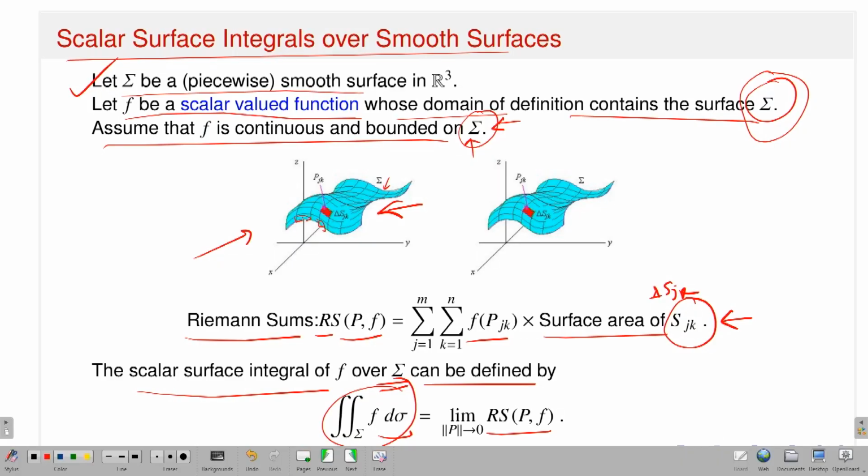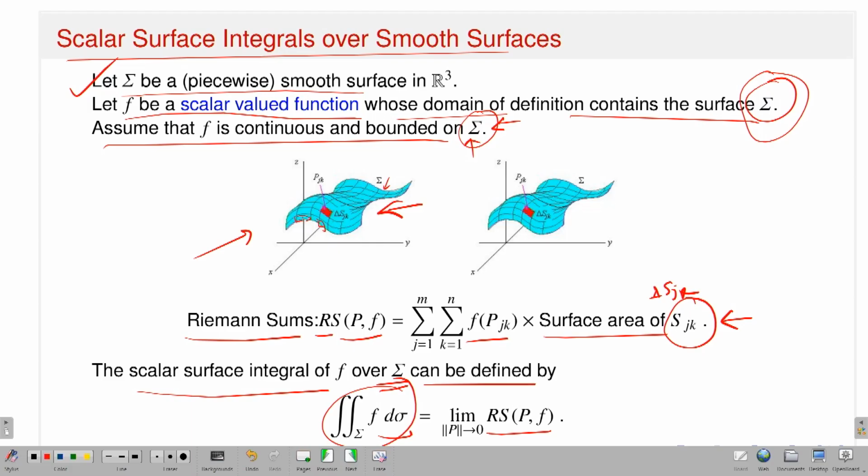Take an arbitrary point p_jk in each small surface S_jk, and then you just make a Riemann sum. What is the Riemann sum? You take the value of your function f at p_jk, where p_jk is an arbitrary point in that small portion S_jk, and multiply it by the surface area of that small portion S_jk. Sum it over j and k.